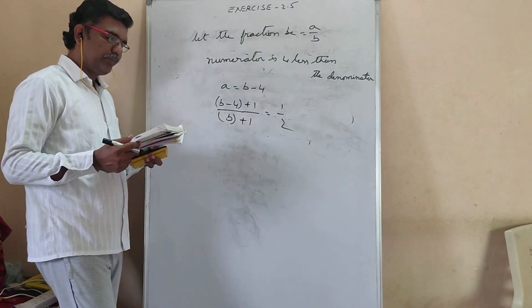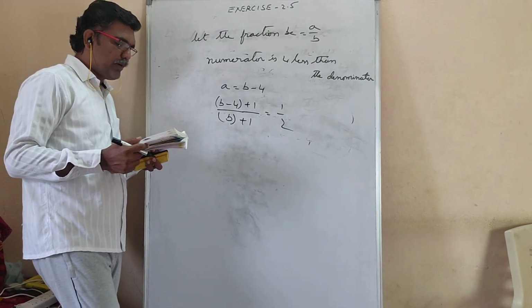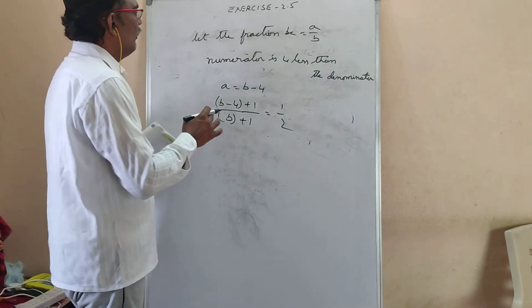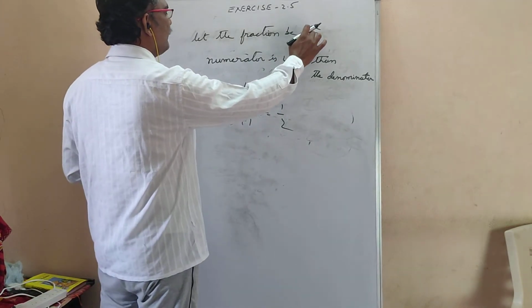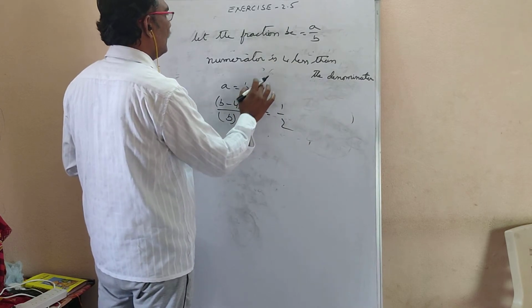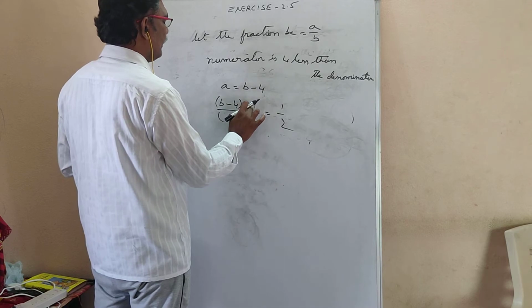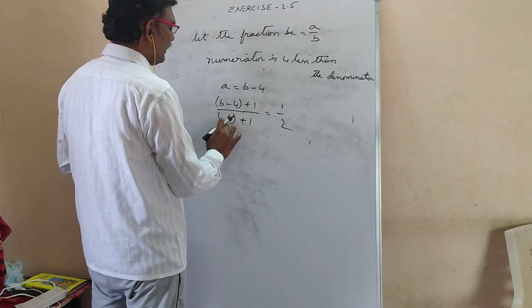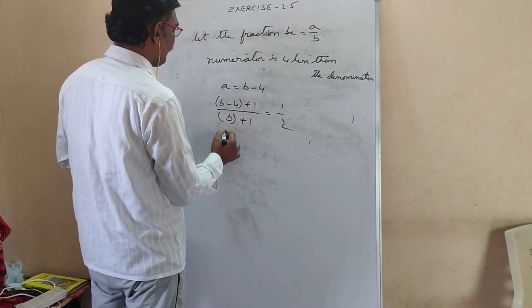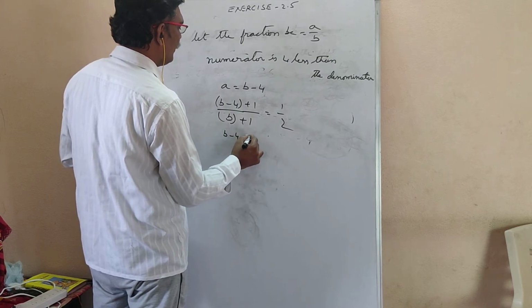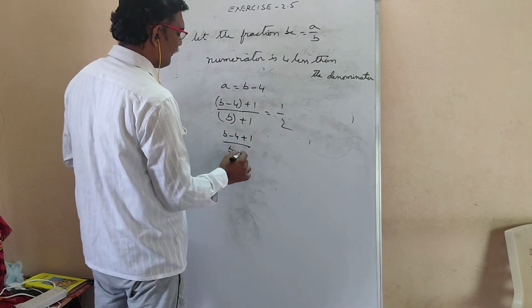In place of a, I wrote b minus 4, and for this numerator I added 1. The denominator is b, and for this also I added 1. If I remove the brackets, it is b minus 4 plus 1 by b plus 1.